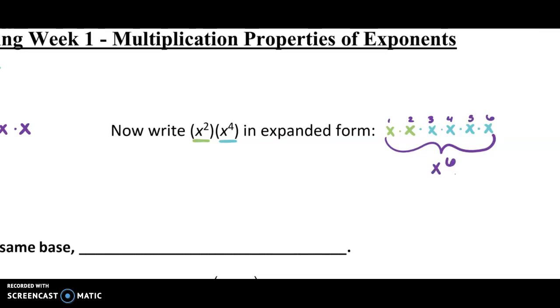I want you to look at how I got that here, and then look at what was given to us there. If you notice the 2 and the 4, how did we get to 6? We added them, right? 2 plus 4 gives us 6. When I expanded it out, I ended up with 6 x's.